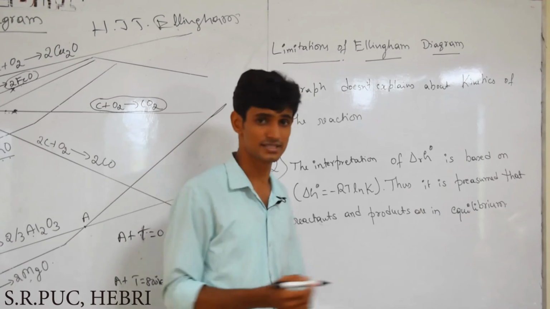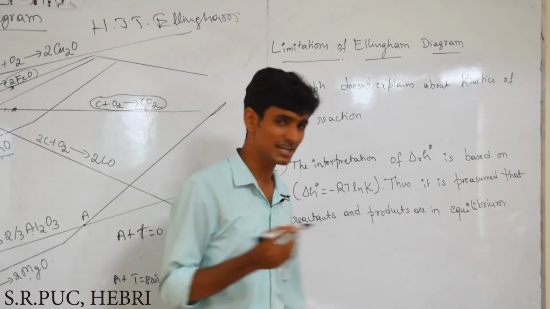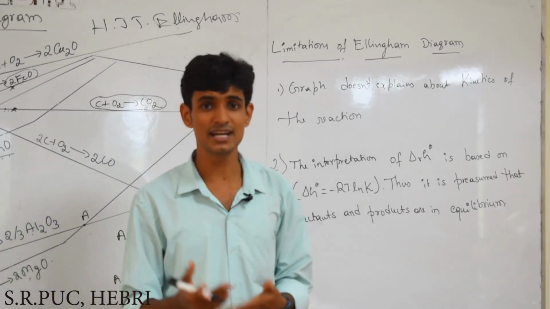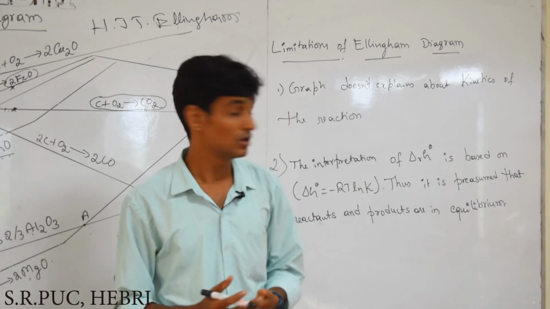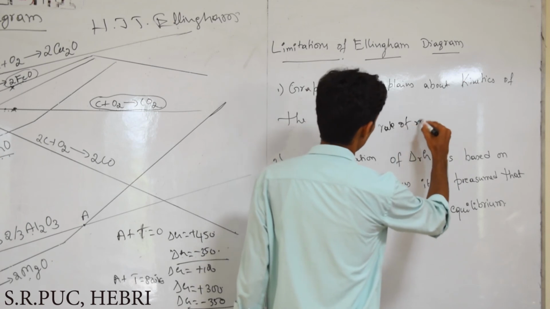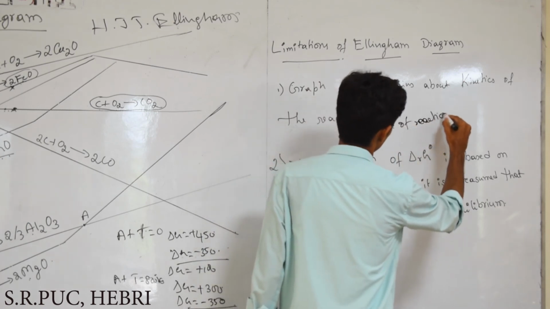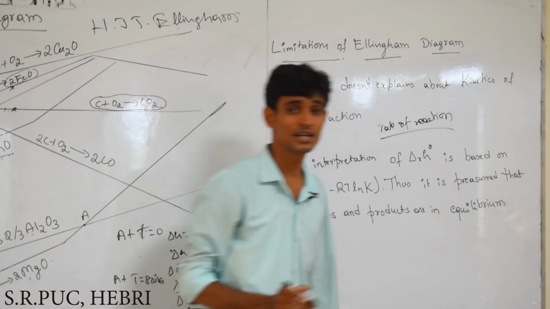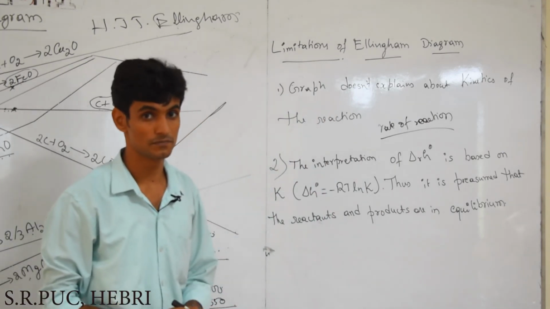What is meant by kinetics? The kinetics of the reaction is how fast the reaction takes place, or the rate of reaction. It doesn't explain the rate of the reaction.